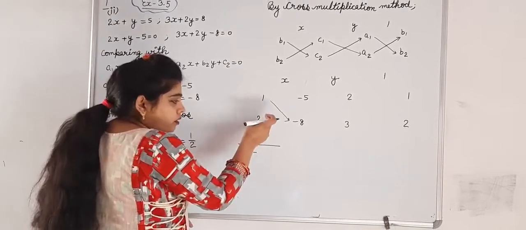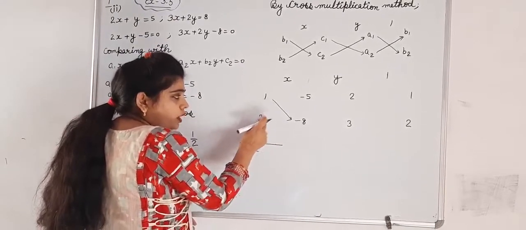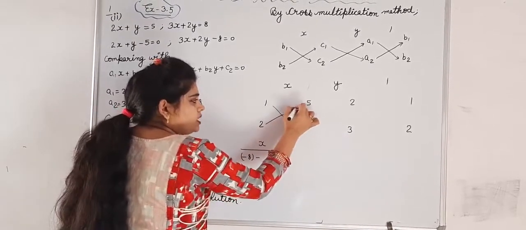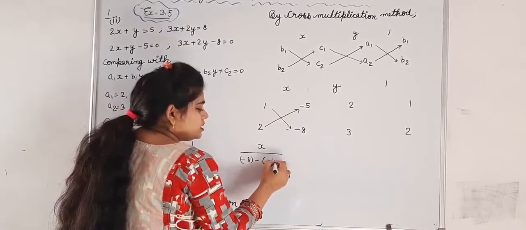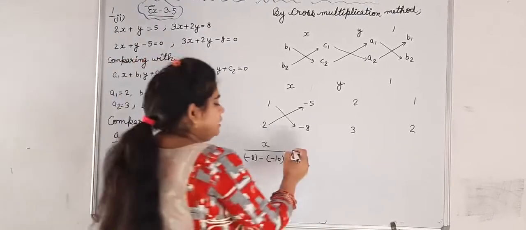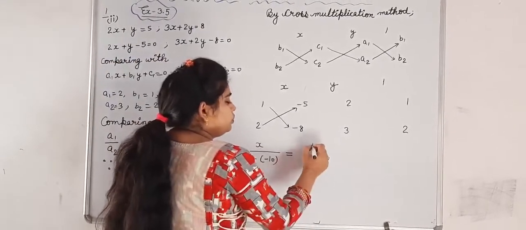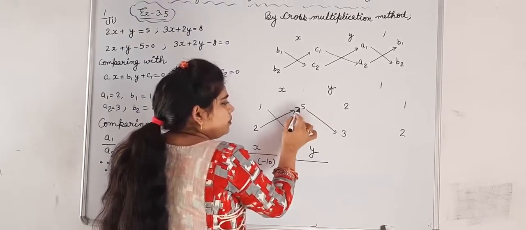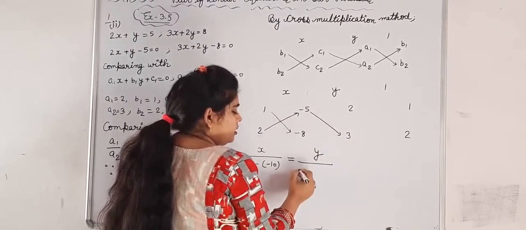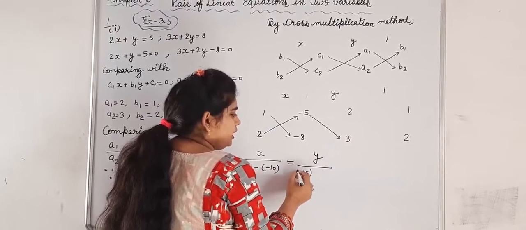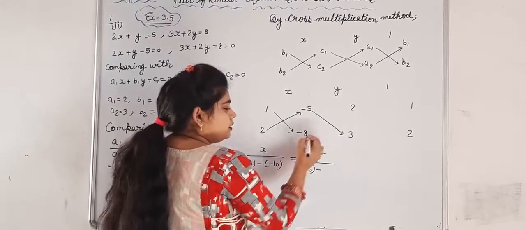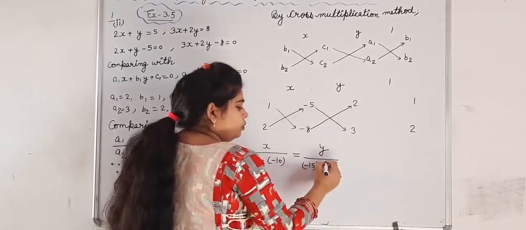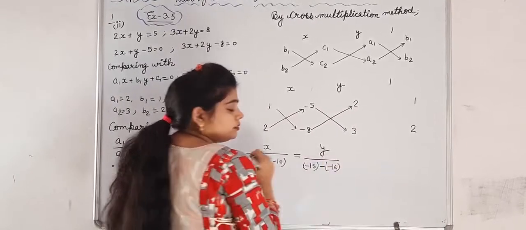Minus, because we have to move downward to upward, then minus sign will come. 2 multiplied by minus 5, minus 10. Then equal to y, minus 5 multiplied by 3, minus 15, minus, now minus 8 multiplied by 2, minus 16.